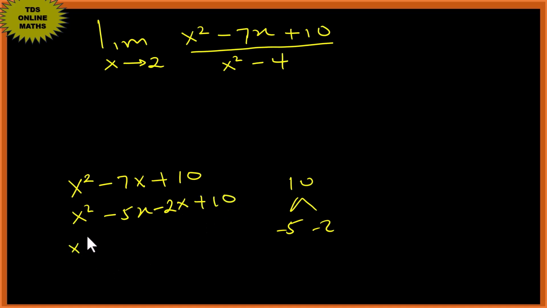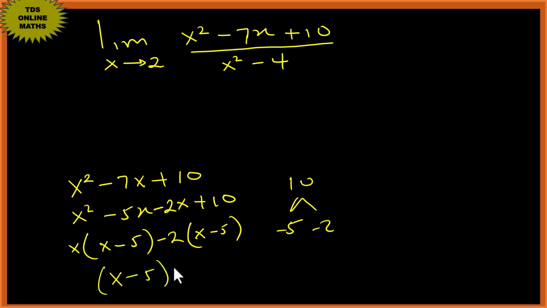Factor out x: x minus 5, and I'll pick negative 2 here: x minus 5, x minus 2. So in place of x squared minus 7x plus 10, I'll put x minus 5 and x minus 2.